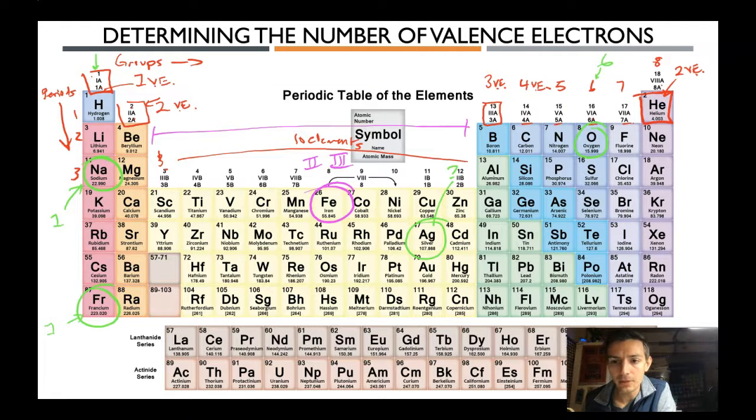And lastly, how many valence electrons in helium? 2, right? 2 valence electrons, even though all of these in this group are actually going to have, do you know? 8, because they're in group 8 or 18. So helium is the only one that contains 2. Okay, well, that's calculating the number of valence electrons and understanding what they do, and I hope that was helpful.